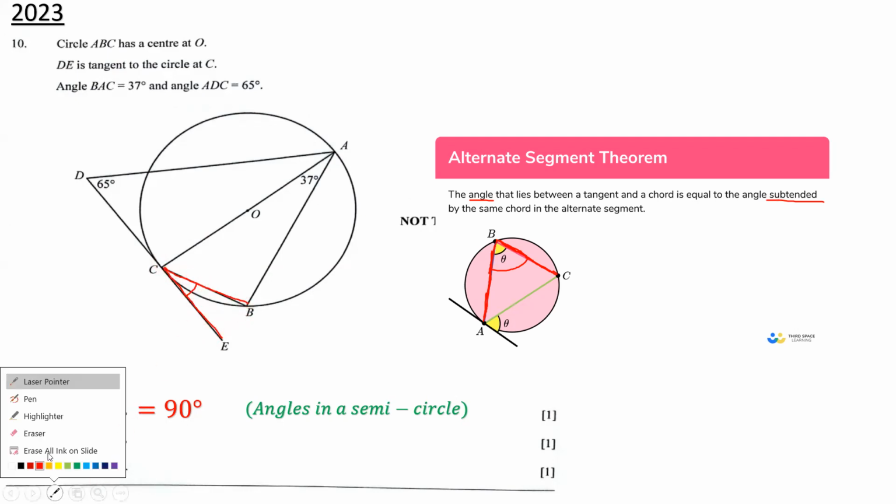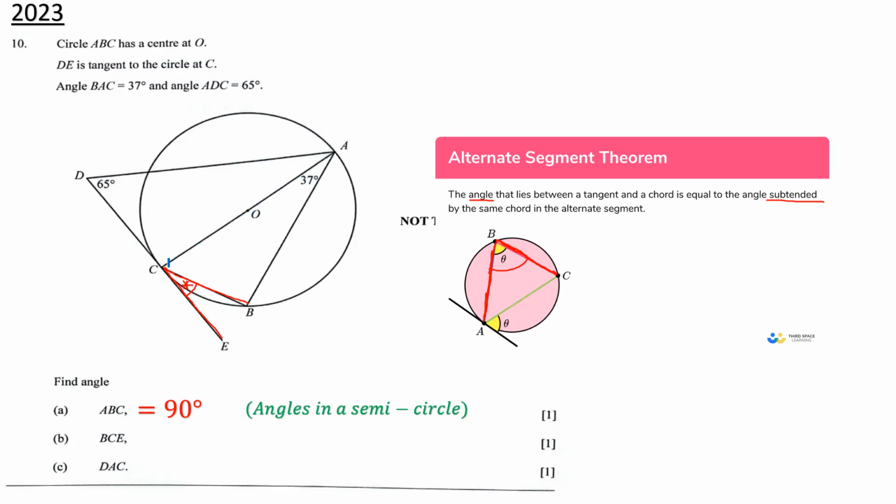So this is the angle formed between the chord and the tangent line. And we said that this particular angle is going to be equal to the angle subtended by the same chord.